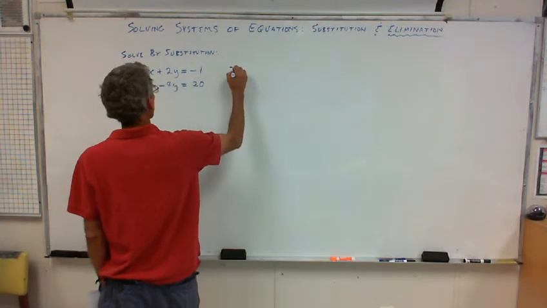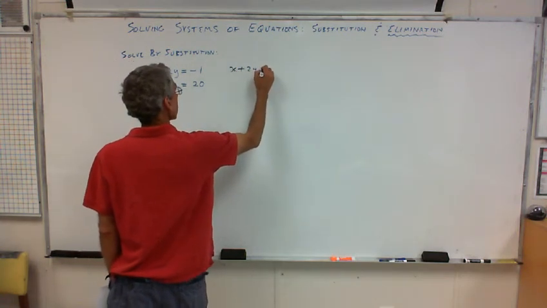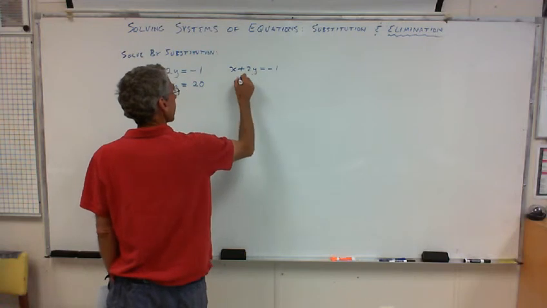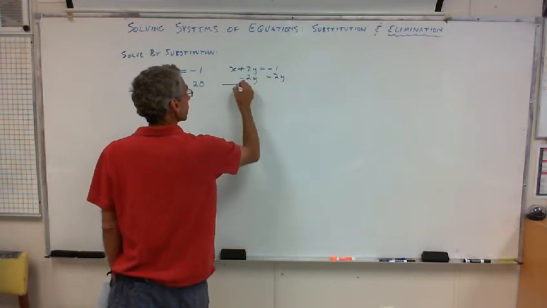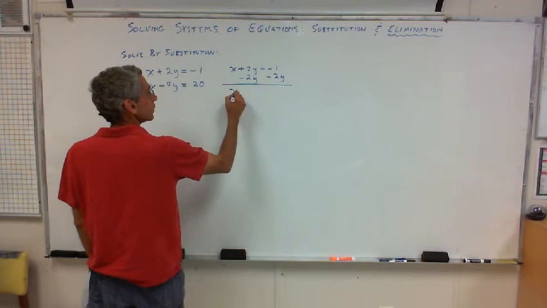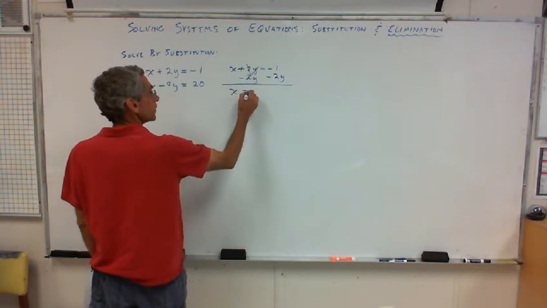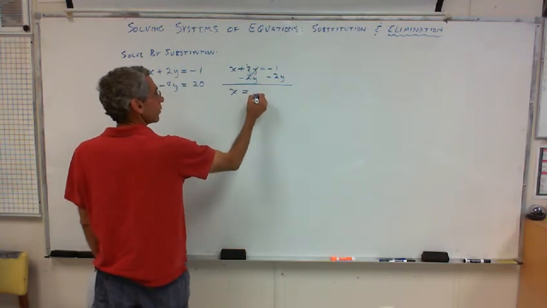Let's see, I'll just rewrite it over here. x plus 2y equals negative 1. I'm going to subtract 2y, subtract 2y. So that gives me x, and these cross out now. It says x equals, how would I write this? Negative 1 minus 2y.